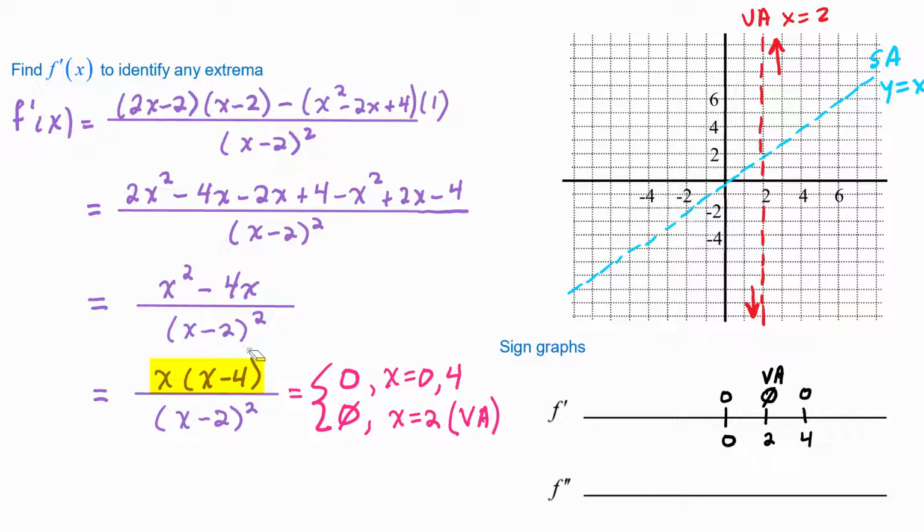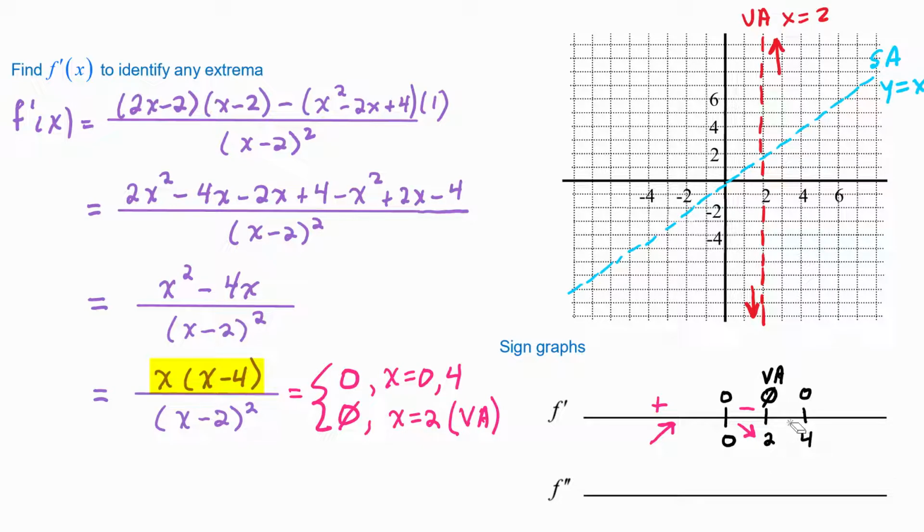Negative 1 in here will also make this negative. So that means the derivative is positive and the graph is increasing. A test point here would be 1. I would have a positive times a negative is a negative, so f is decreasing.